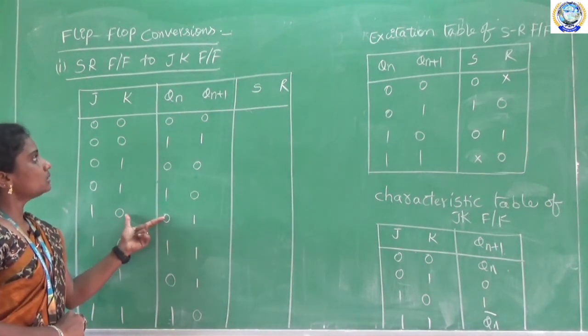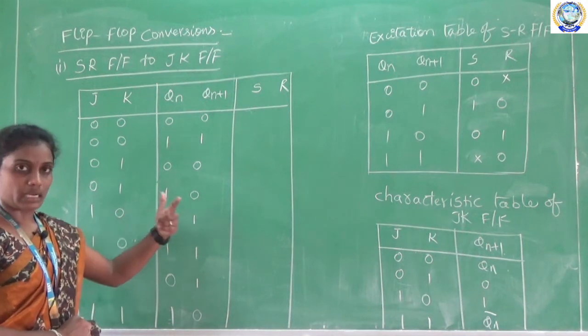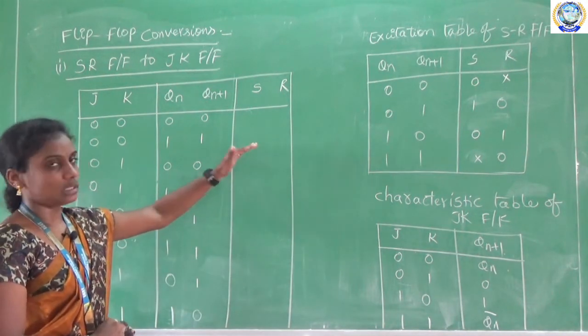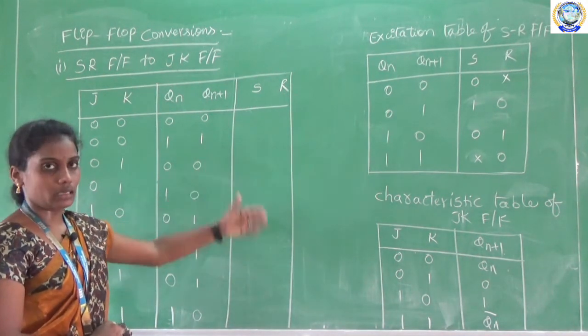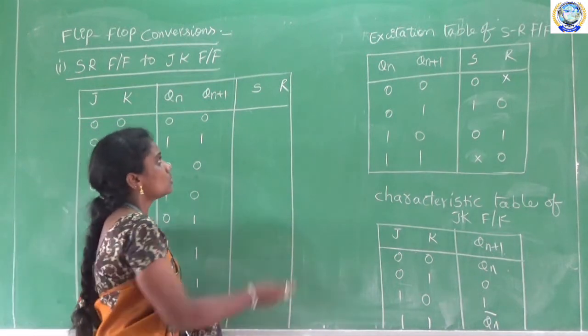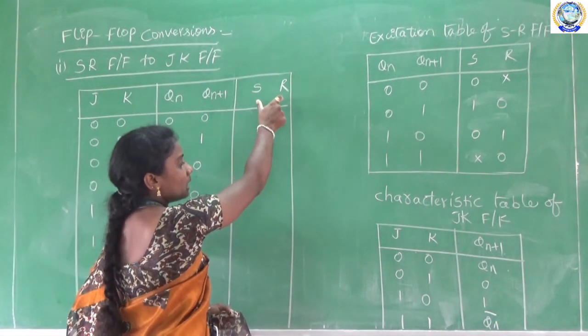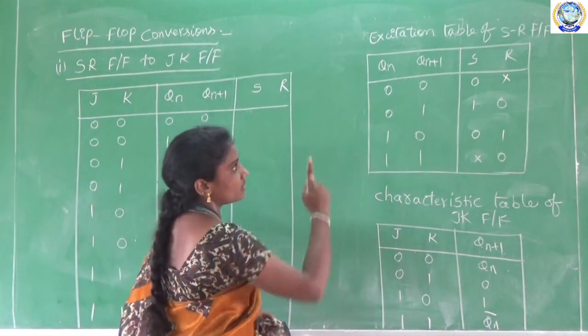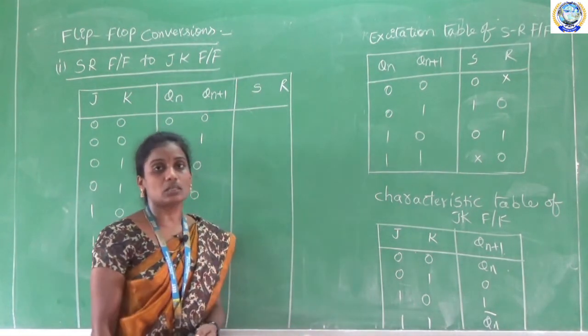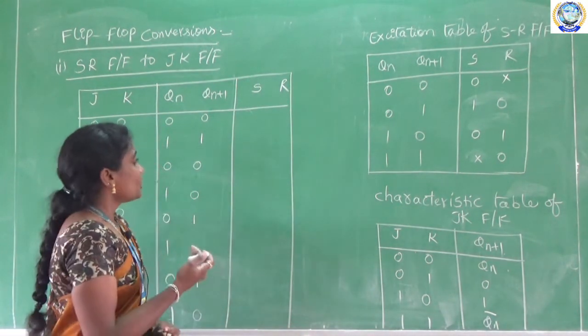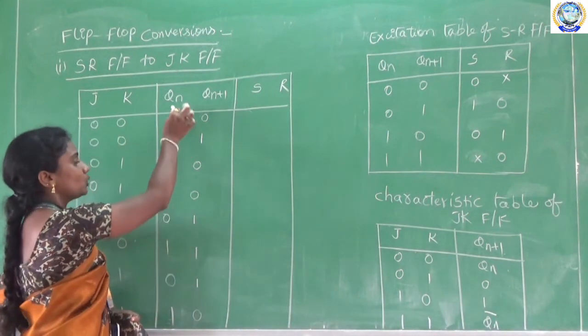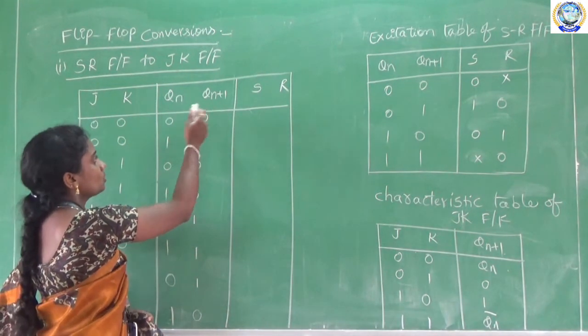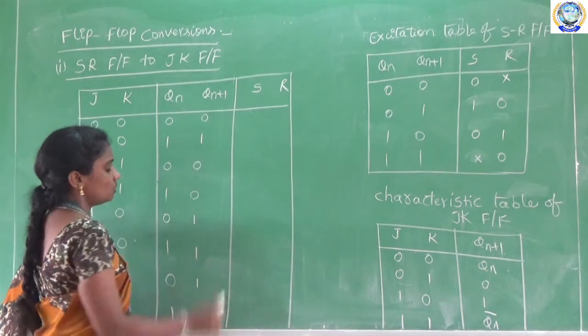So by using these inputs, now we will write the inputs or the states of the S and R. To write the S and R conditions, we need to consider the excitation table of the SR flip-flop. So first condition, here I am considering Qn equal to 0 and Qn plus 1 equal to 0.